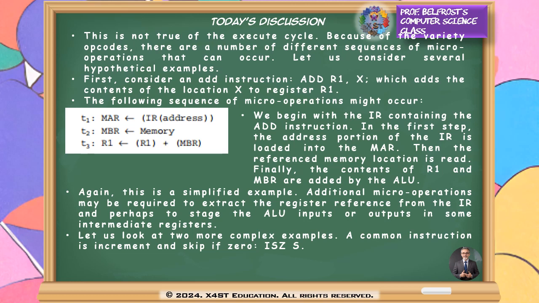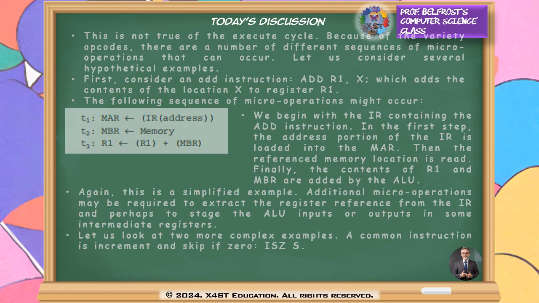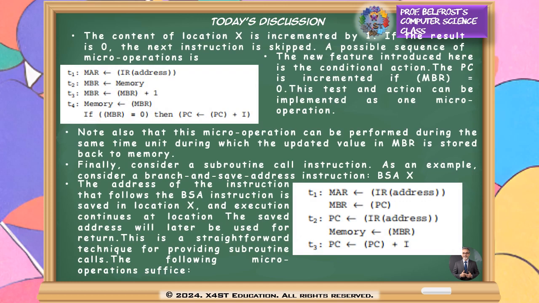Here is the second example, a common instruction: increment and skip if zero, ISZ X. The content of location X is incremented by 1. If the result is 0, then the next instruction is skipped. A possible sequence of micro-operations for this case is as shown.